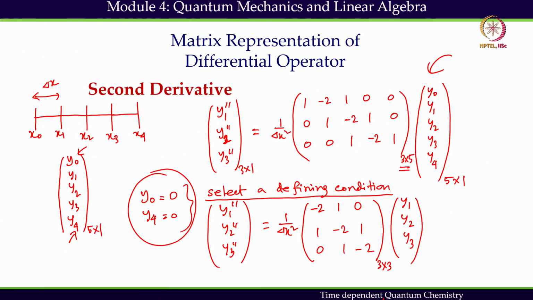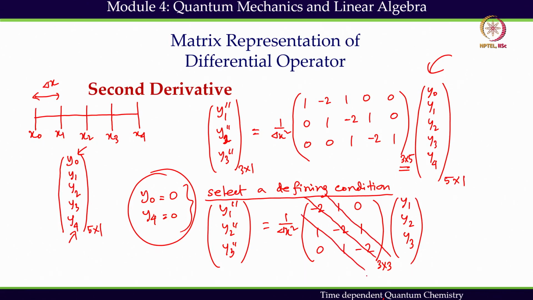Defining it in a square form is very advantageous. I will show why I should do that. The moment I do this square matrix, this becomes a tridiagonal matrix. Why tridiagonal matrix? Because I now have diagonal elements, then upper diagonal elements, and then lower diagonal elements.